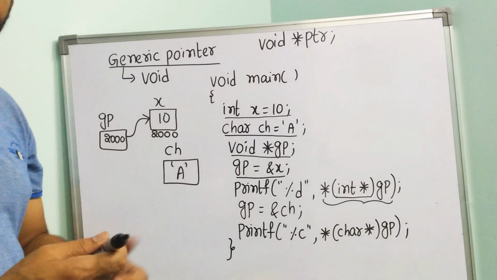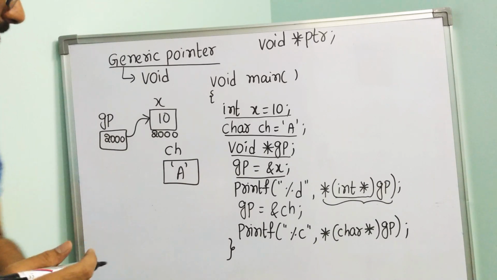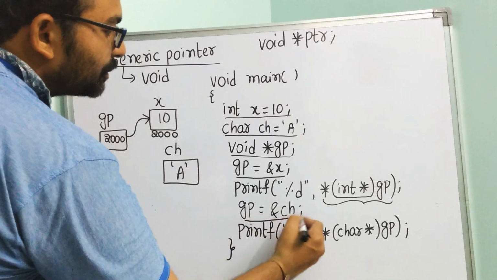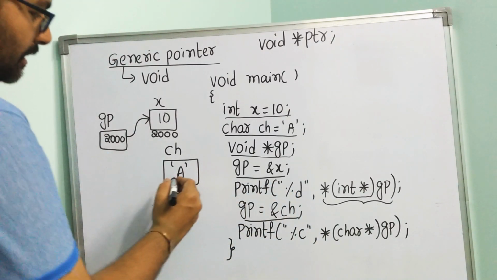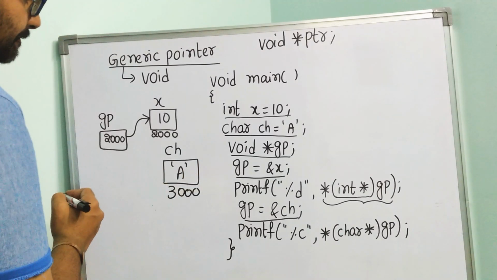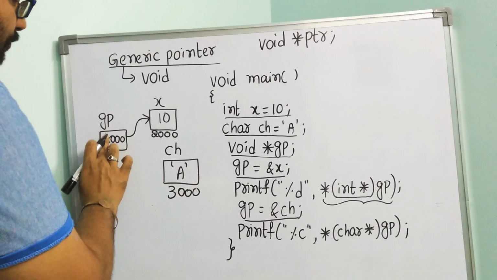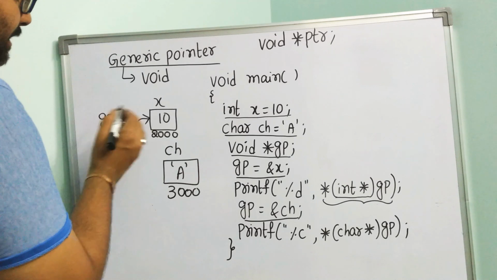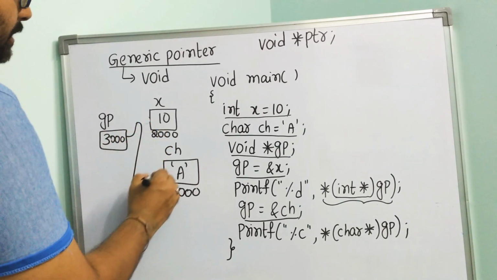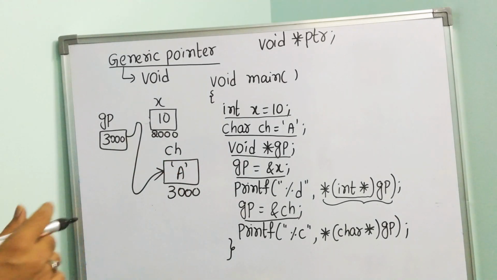Now the moment you want to access a character data item, immediately use this statement GP equal to address of ch. Let us suppose the address of ch is memory location 3000. In that case, GP will now be pointing to 3000.